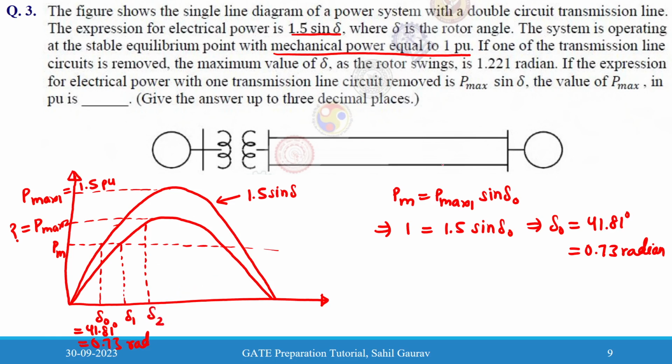It is written that if one of the transmission lines is removed, the maximum value of delta where the rotor swings is 1.221 radian. So delta 2 is 1.221 radian, which is equal to 69.96 degree. For the system to be stable, both the energy areas will be equal. Suppose this area is A1 and this area is A2. So here we will apply the equal area criterion.